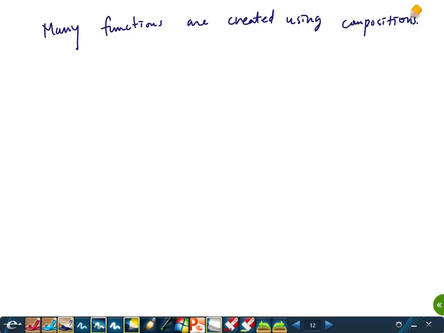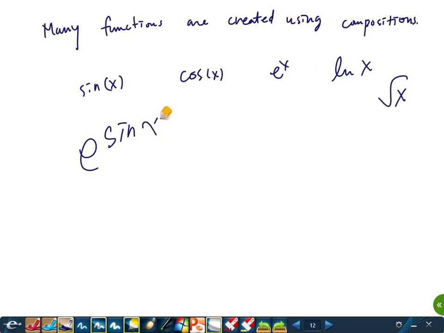That's why it's very important. For example, sine x, cosine x, exponential x, log x, or square root of x are simple functions. But in calculus, we considered many functions like e to the sine x, and x to the cosine x.